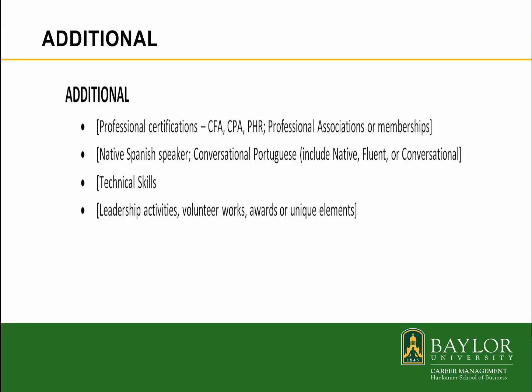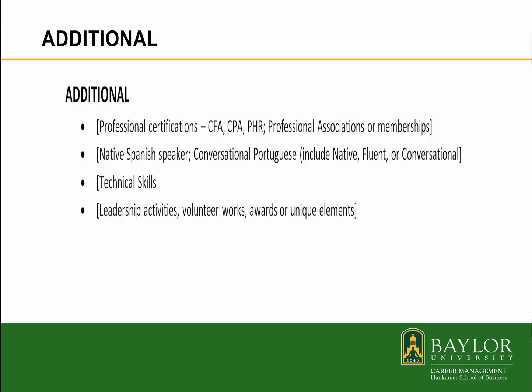And last is leadership activities, volunteer work, awards, or unique elements. So if you're recruiting students, usually you want to look at their leadership skills, the managerial skills that they can have going forward, how they can handle pressure, can they be given an assignment and deliver the assignment and really create value to the company really quickly. And so you can get these out of leadership activities and the volunteer work and really show where you spend your time and where you see value.